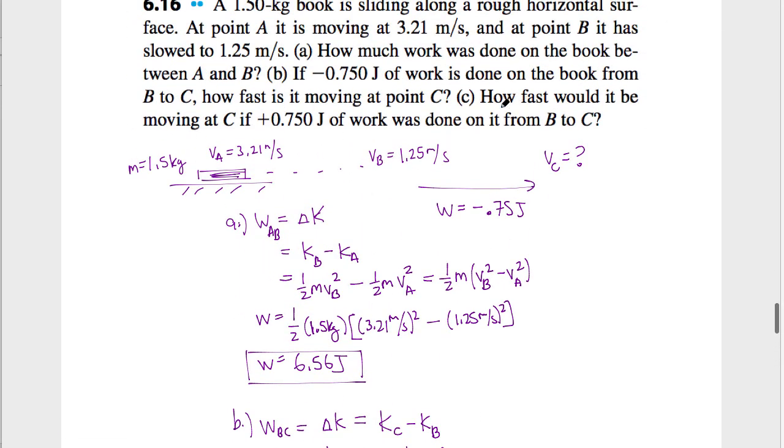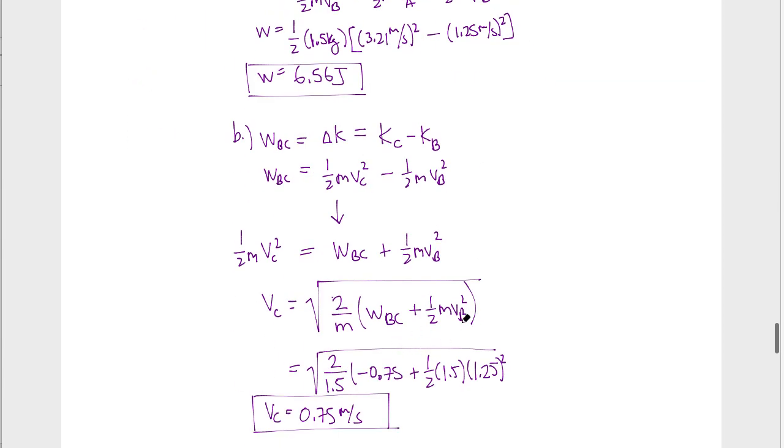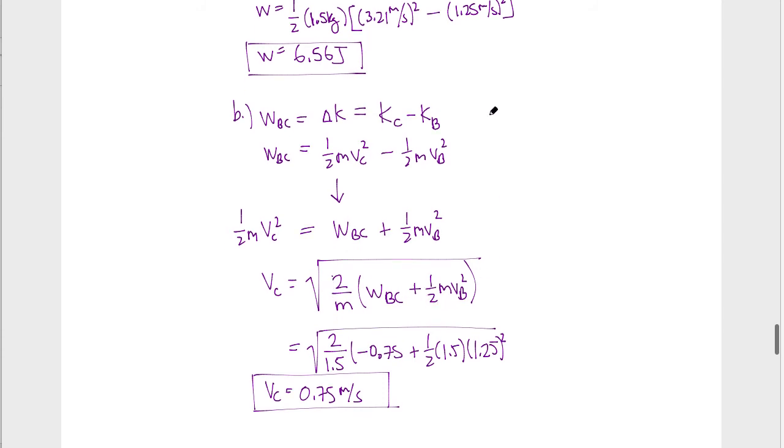Now question C asks, how fast would it be moving if 7.5 joules of work was done from B to C? So now, since I've solved this already for Vc, and I just want to use a different work, I can actually just take this symbolic equation that I found and use a different value. So I'm going to be using work Bc is positive 0.75 now.